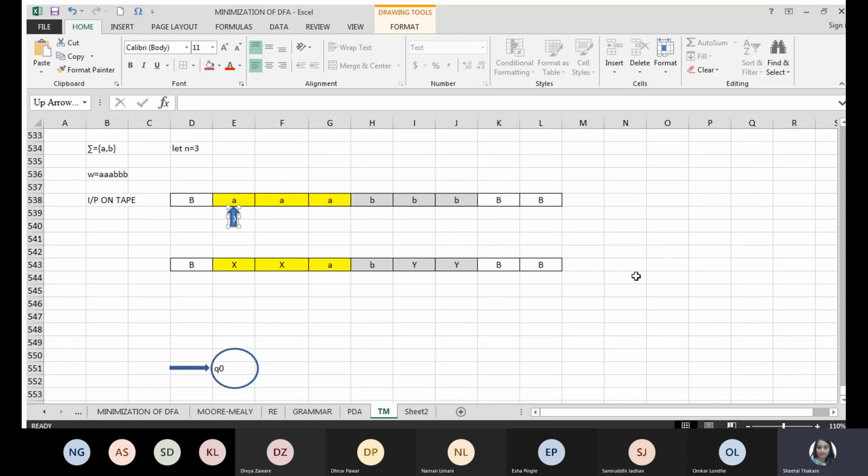Delta of Q0 comma A is equal to Q1 comma X comma R. I hope these things are understood. You encountered A, convert it to X, move to R.